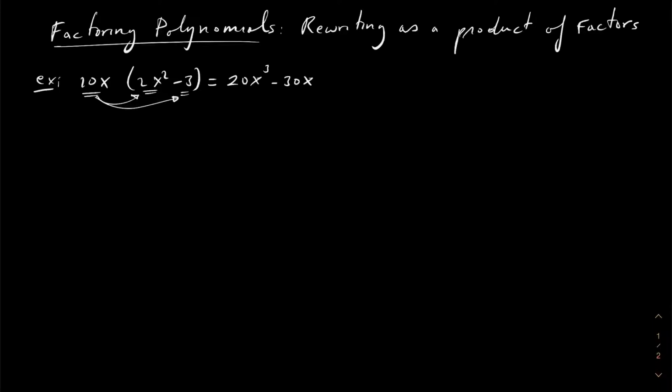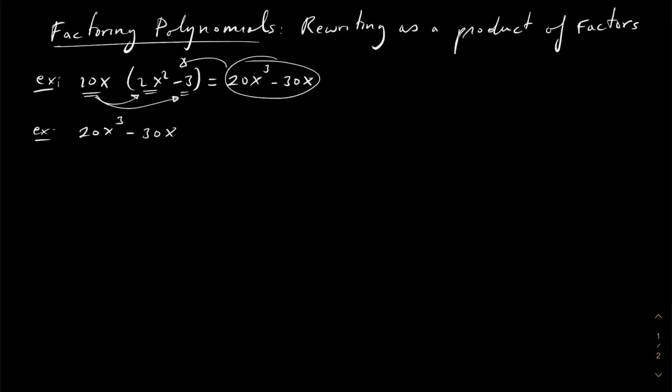So you're going to go from this particular expression here that has terms to the other expression that has factors in them. Let me work on this example again and try to go backwards and explain to you how I do it. If you take this example, you're going to have 20x cubed minus 30x. So what you have to be able to do is pull out the greatest common factors from all of these terms.